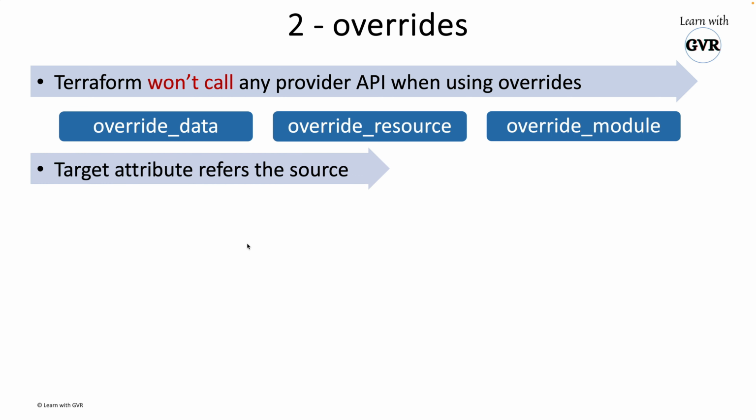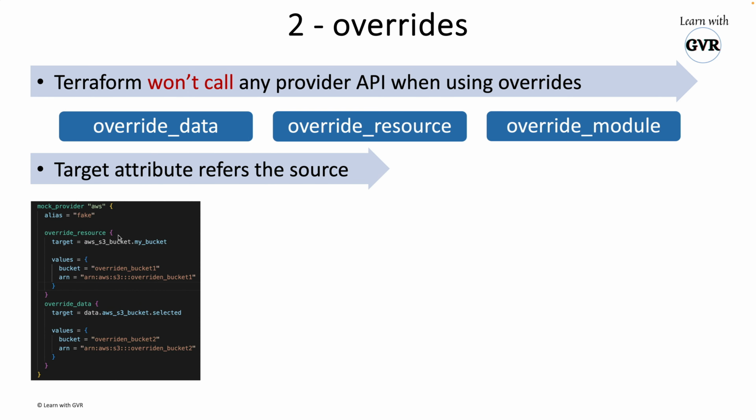When you are using override, you must refer to the target attribute, which we will see here. If you look here, with the mock provider with the alias fake, override resource and override data are the same as mock resource, but here we are overriding.